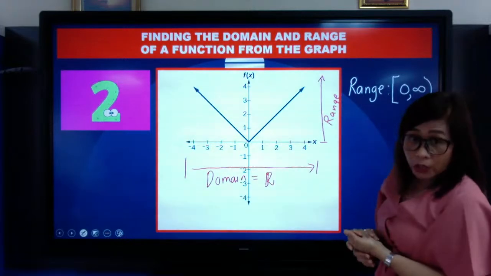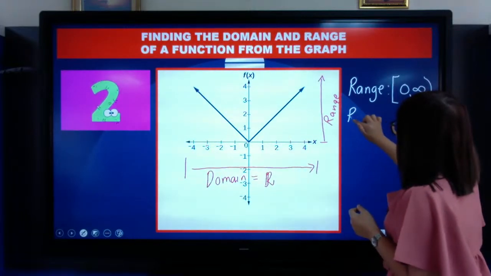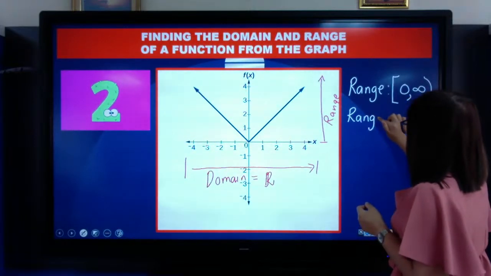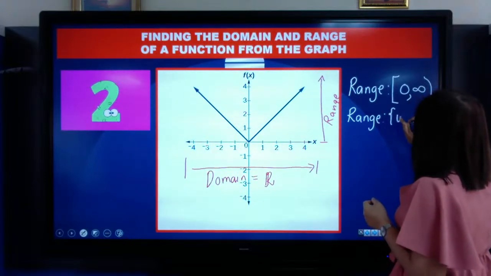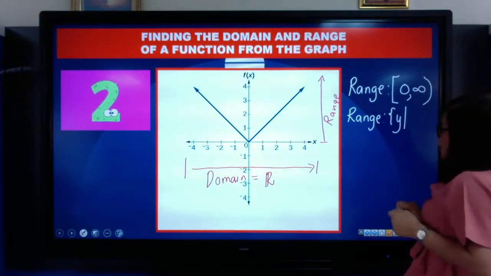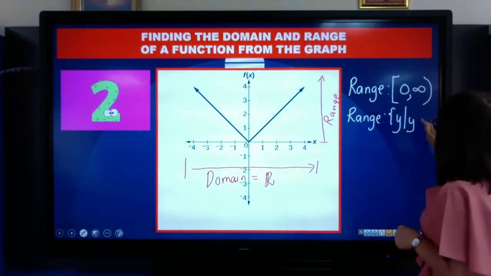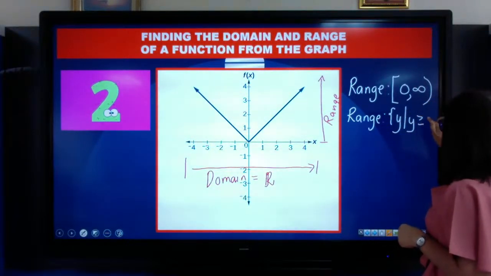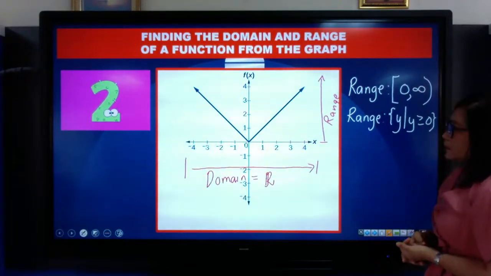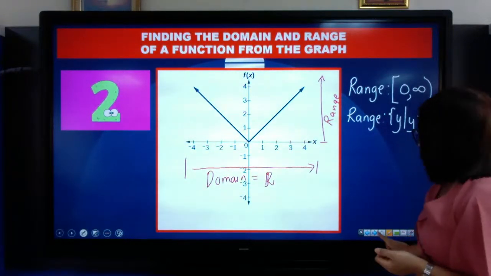This is the answer. Another way of writing the answer is: set of all y such that y is greater than or equal to 0. Okay? You have questions?